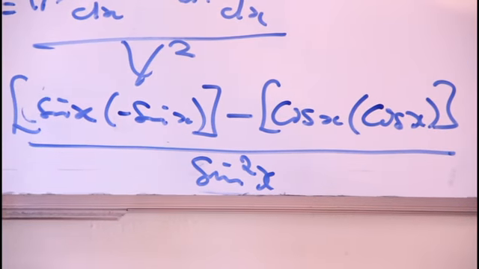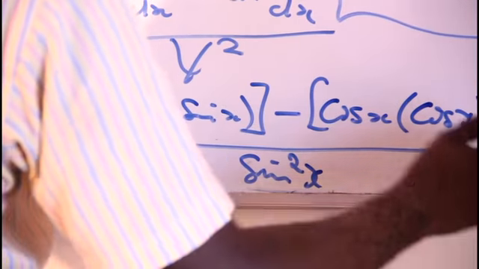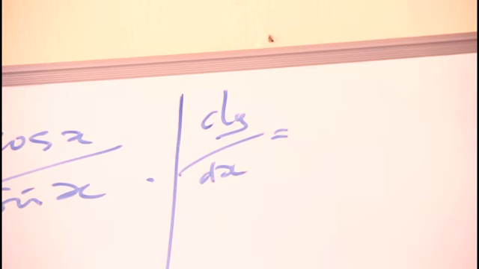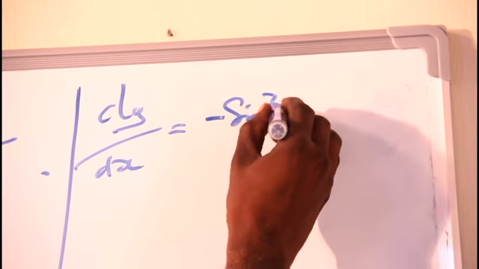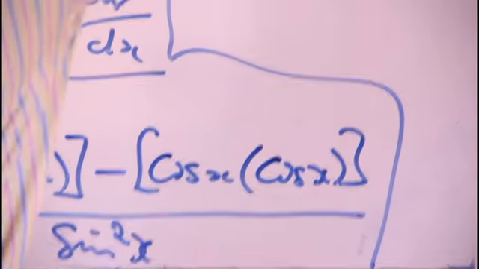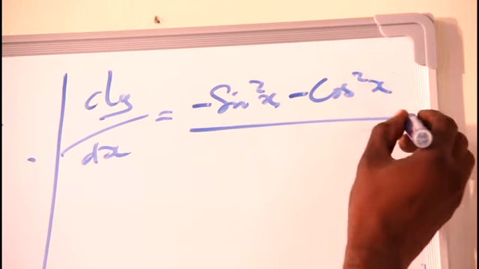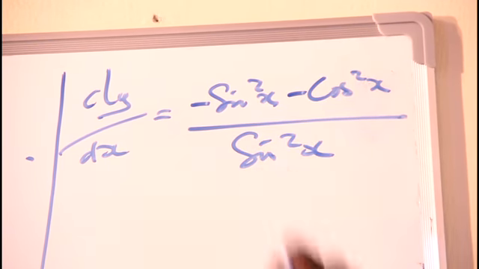If we have that, by the time we simplify this, we'll end up having dy over dx being equal to minus sine x squared, then minus cos x squared, all over sine x squared.